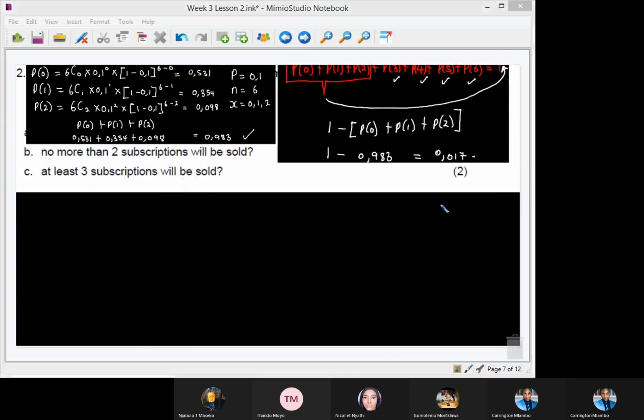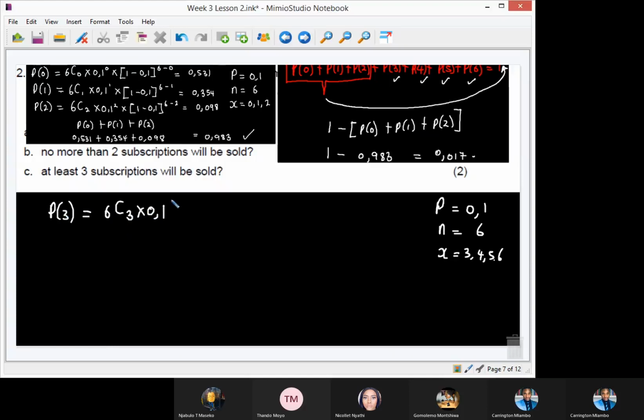So now we know our P is 0.1, our N is 6, our X is 3, 4, 5, 6. So we need the probability for 3, which is 6C3 times 0.1 to the power 3 times, open bracket, 1 minus 0.1 to the power 6 minus 3. Then we do that for 4: 6C4 multiplied by 0.1 to the power 4 multiplied by 1 minus 0.1 to the power 6 minus 4.